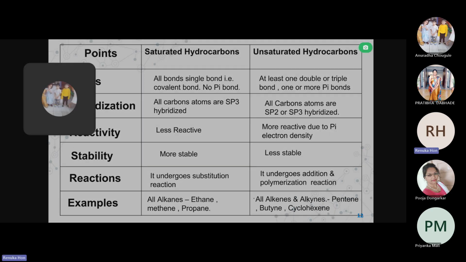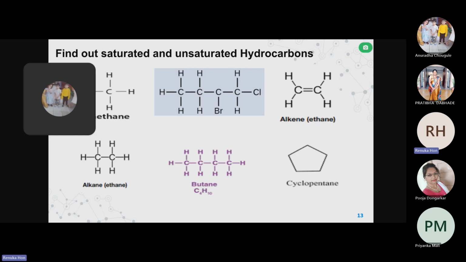So find out the saturated and unsaturated hydrocarbons from the following compounds. What about methane? Saturated. The next one, I think this is unsaturated, because of bromide addition?